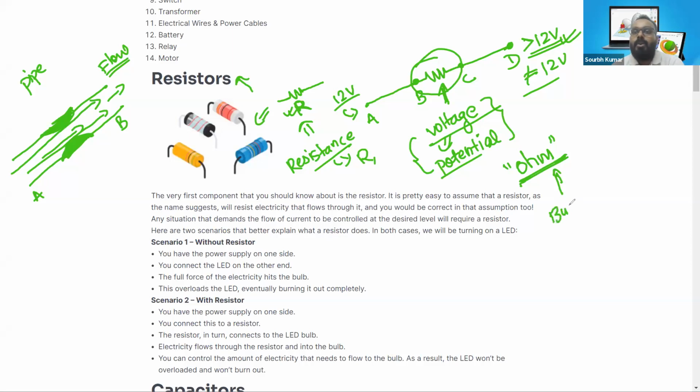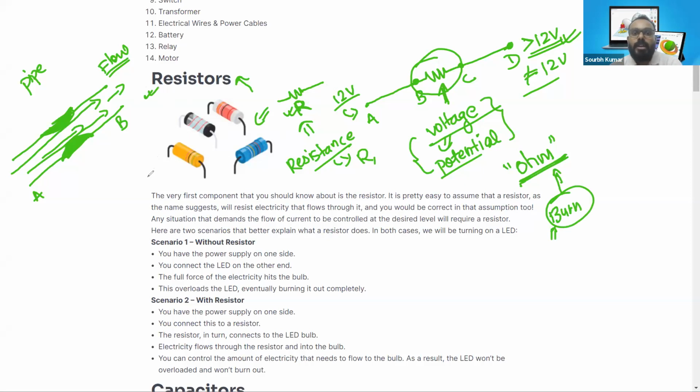It will burn out your board, either the microcontrollers or any accessories you have for robotics. It will burn out those things at some point of time. So you should take care of these values, and this is why the resistor is important in the development of robotics and AI stuff, like the hardware part and the boards for it.